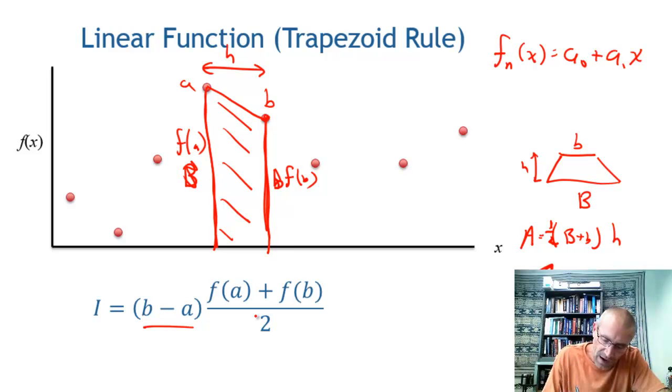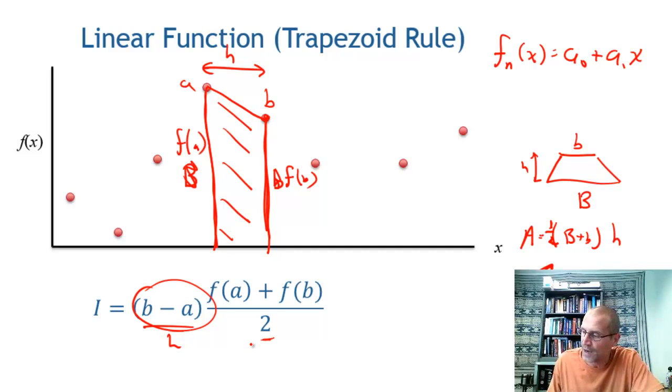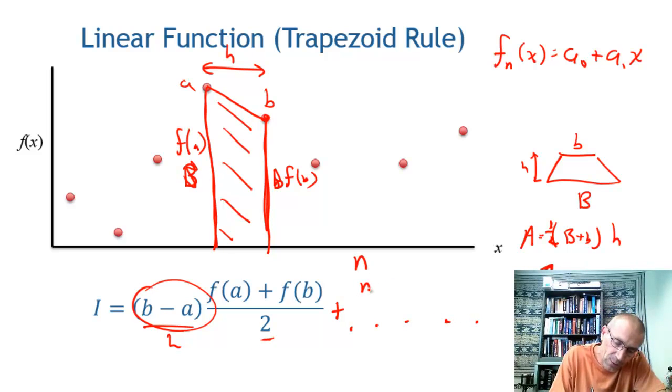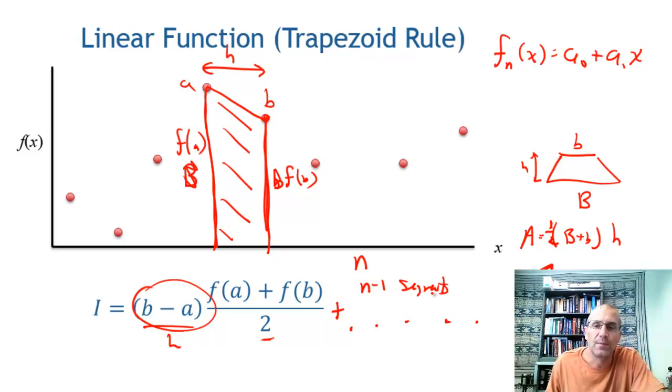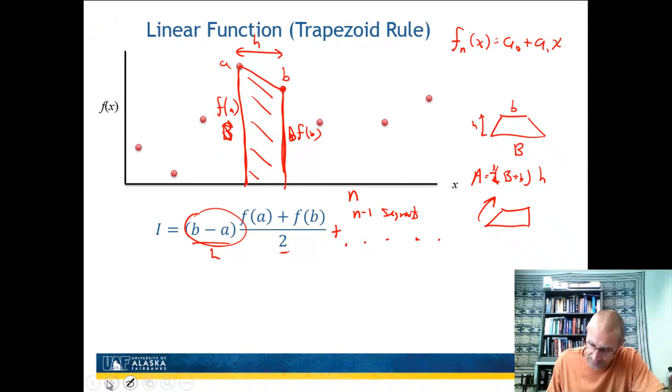That's the height of these. And then right over here I have b minus a, that's going to be what h is, and then there's my 1/2 times. I'm just going to add up each one of those, and I'm going to do that for each one of the little linear segments that I have. So if I have n points, I'm going to have n minus 1 segments that I need to sum to give myself my numerical integration estimate of what I is.